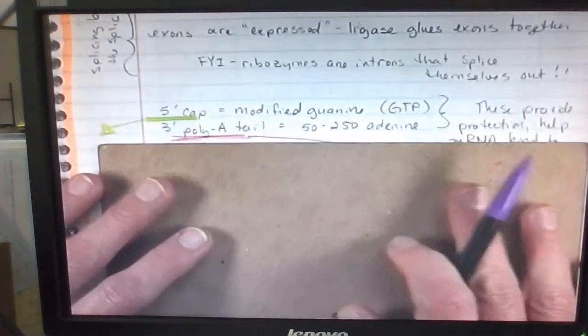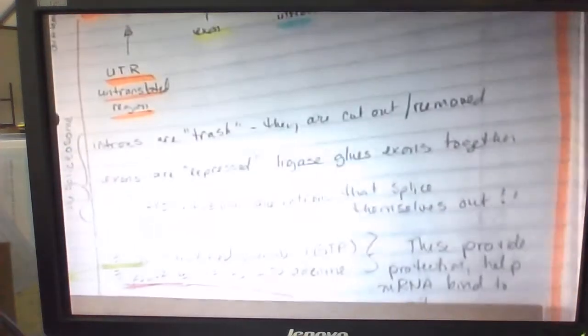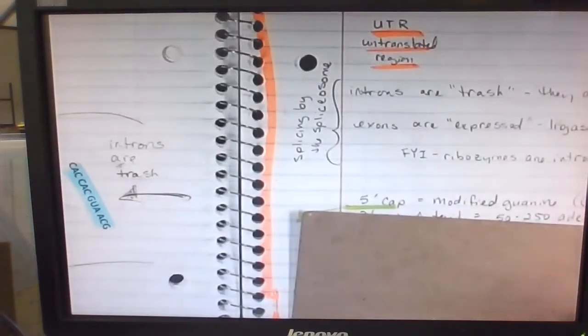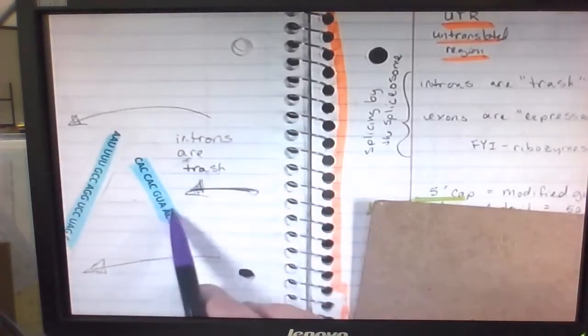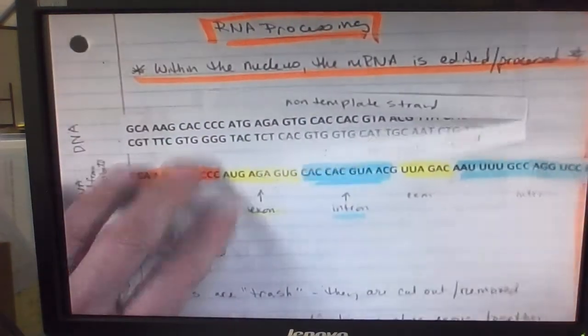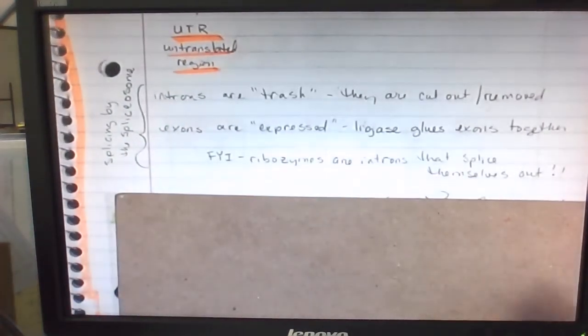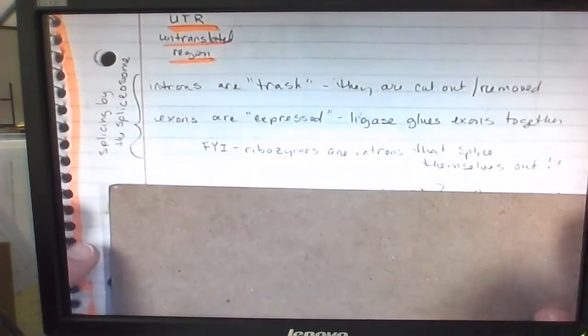All right, so after things have been spliced out, hang on, I forgot I had an actual visual of my introns that I cut out of my second strand. I cut them out and I put them over here and reminded myself that introns are trash. So this one gets taped in here, and then you've got a second one that you're cutting and removing the introns and taping together, gluing together the exons.